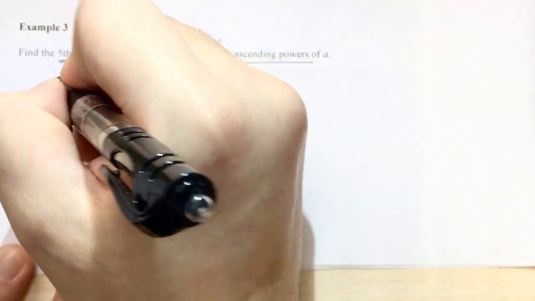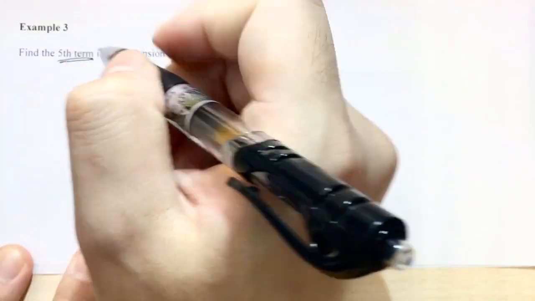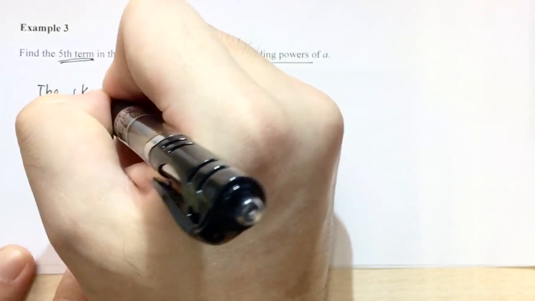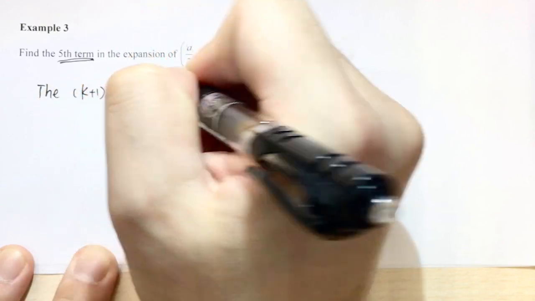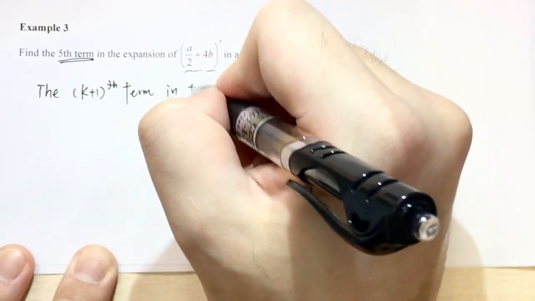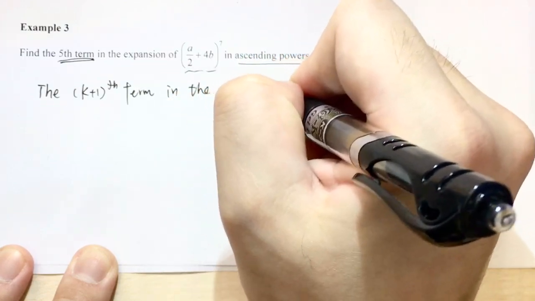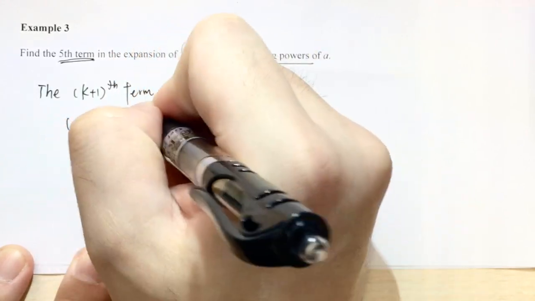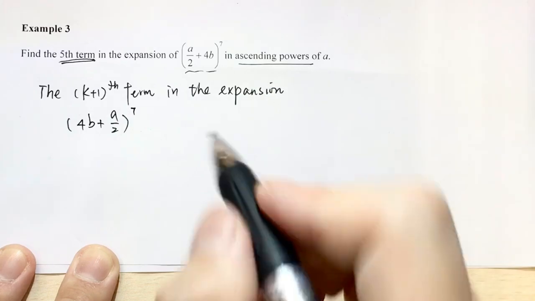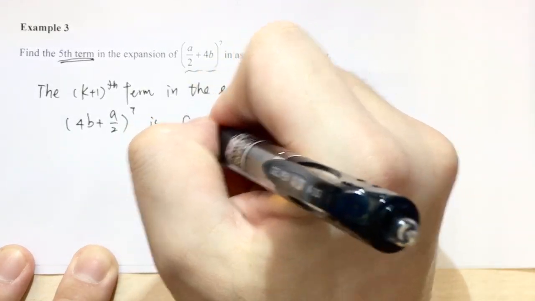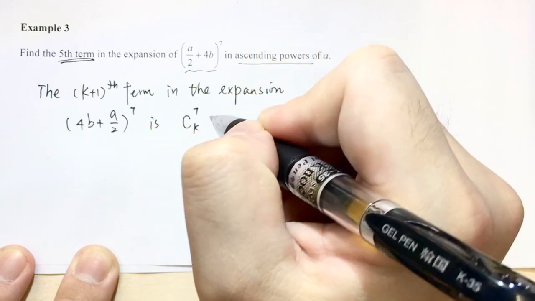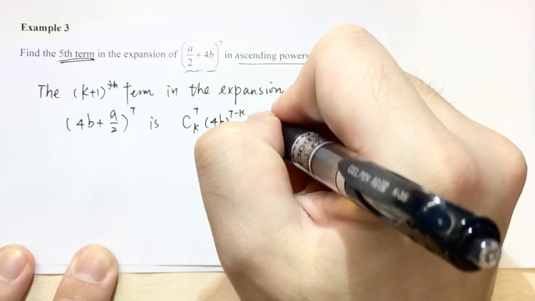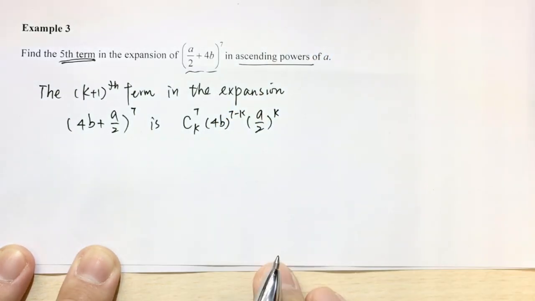So we find the general term, the k plus 1th term in the expansion for b plus a over 2 to the power of 7 in ascending power of a is, the general term is 7Ck, 4b to the power of 7 minus k, and then a over 2 to the power of k.